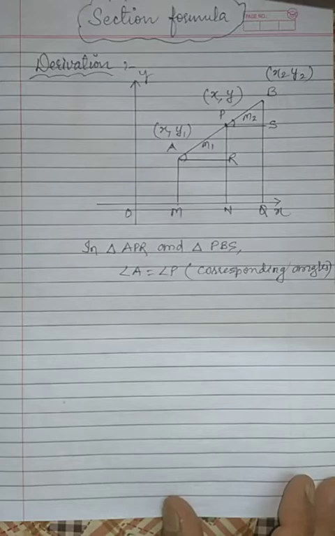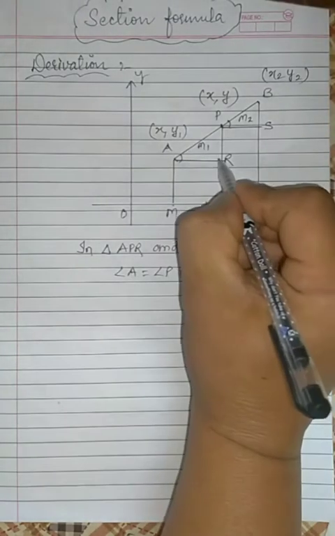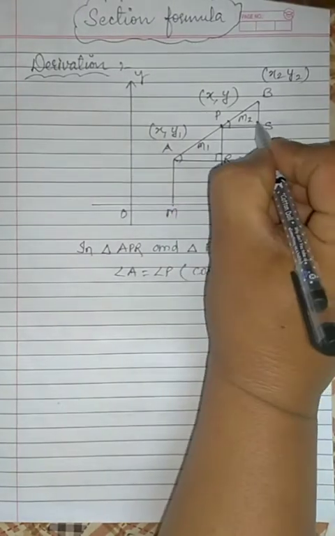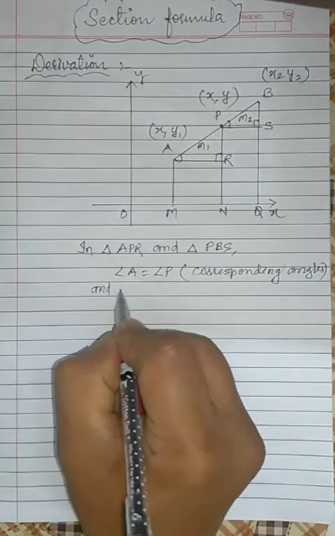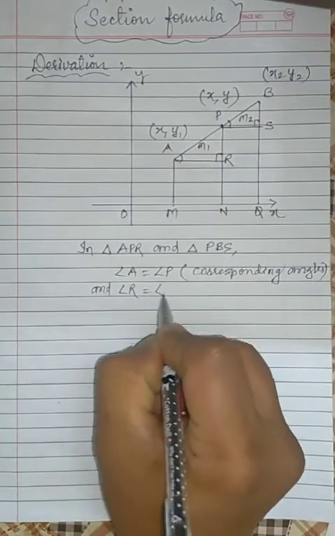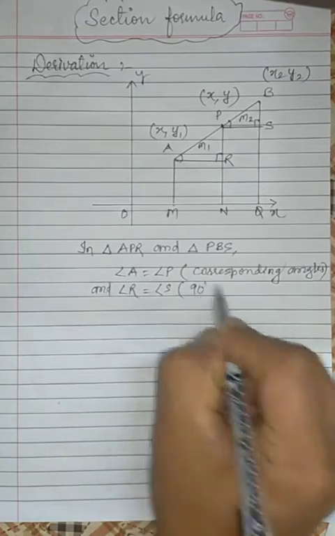And angle R is equal to angle S, each 90 degrees.